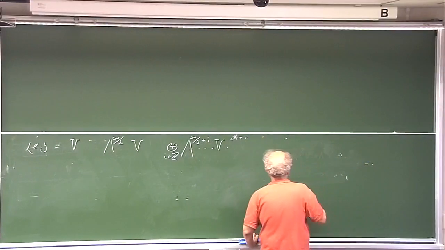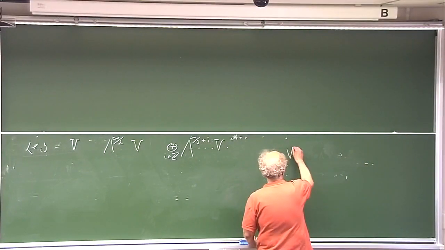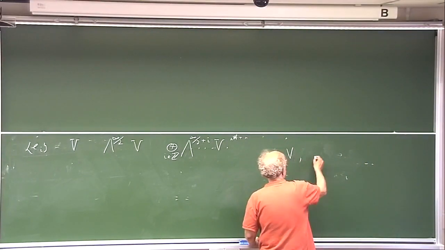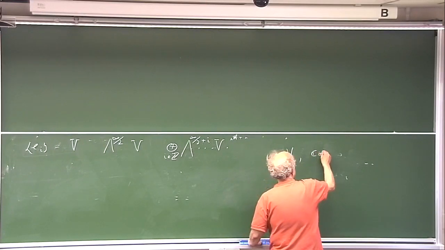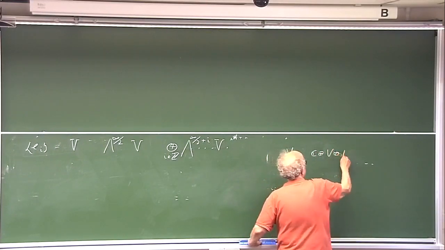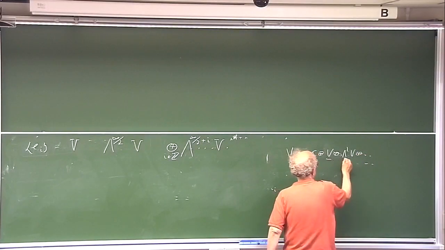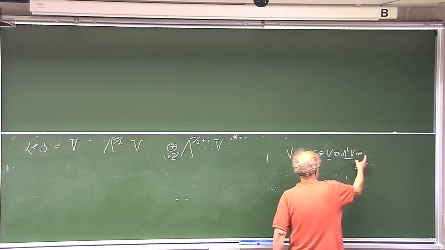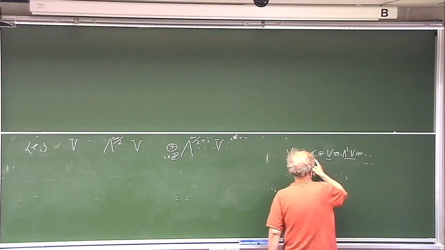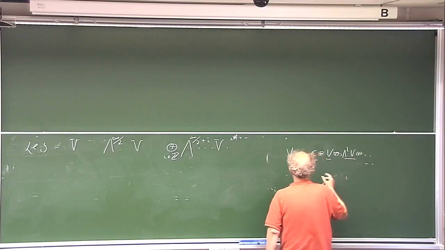In my construction I have a vector space V, and the Grassmannian algebra is C plus V plus lambda 2 V plus and so on, so we have some summation, here it goes 0, 1, 2, 3, and so on.